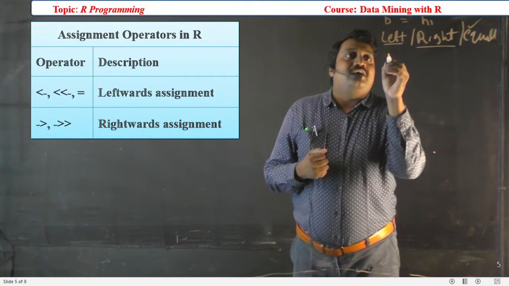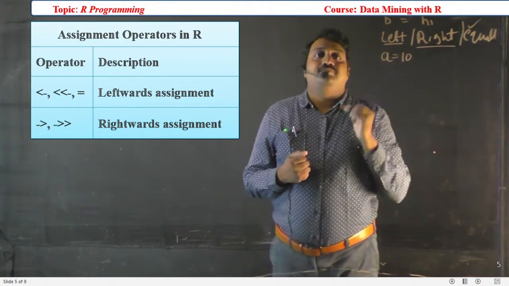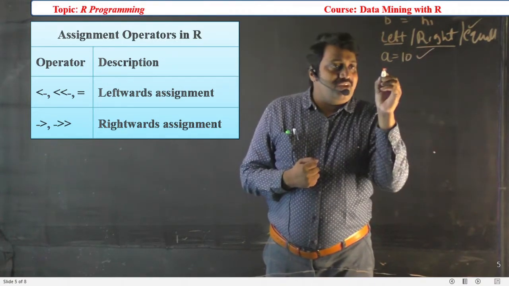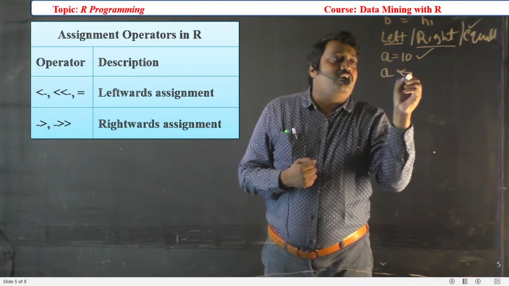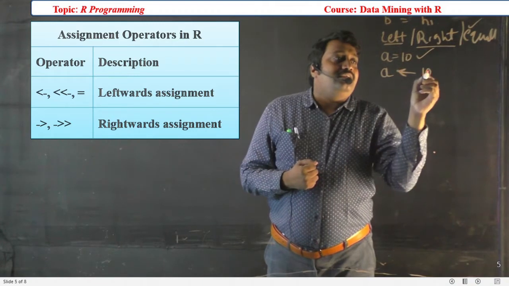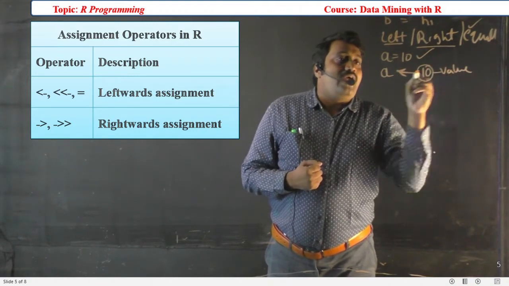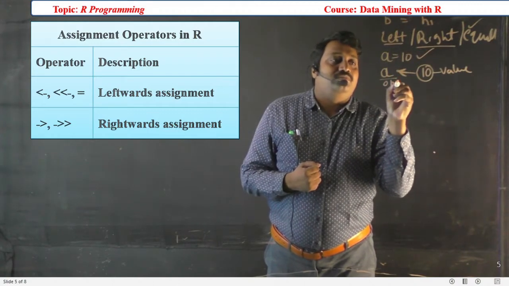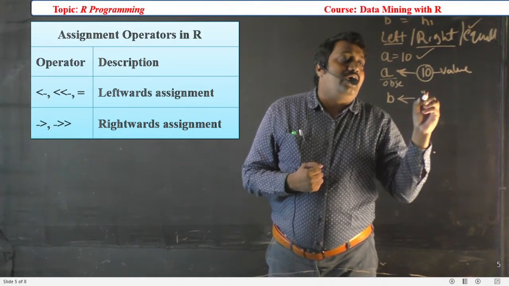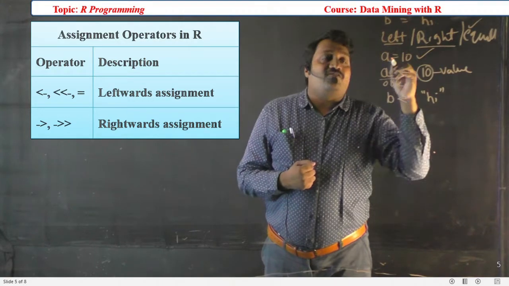In other languages, we simply assign a equal to 10. In R, we can use a equal to 10, or we can also use a leftward, simple arrow, and assign a particular value. That means this is the value and this is the object. B leftward arrow "hi". Like this we assign any value in the leftward direction.